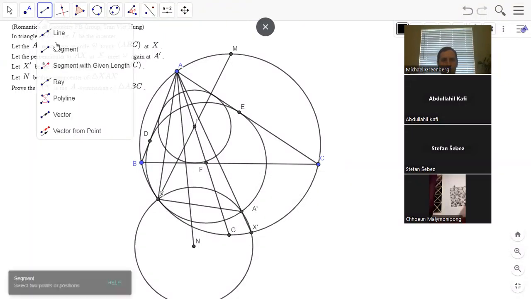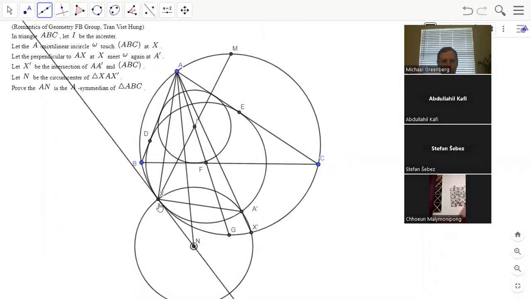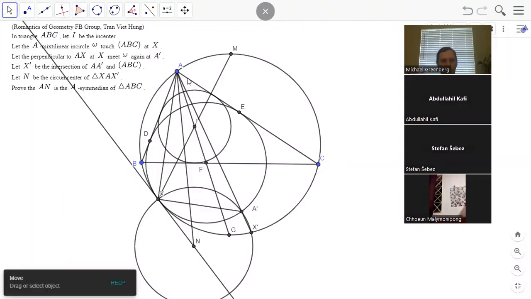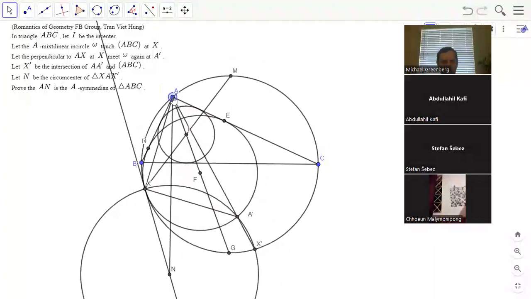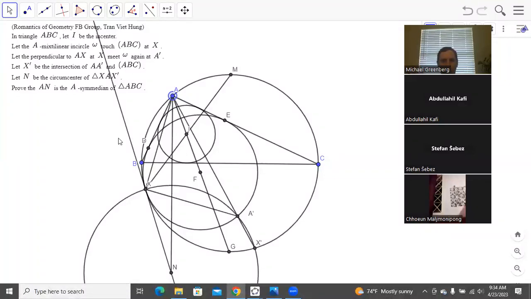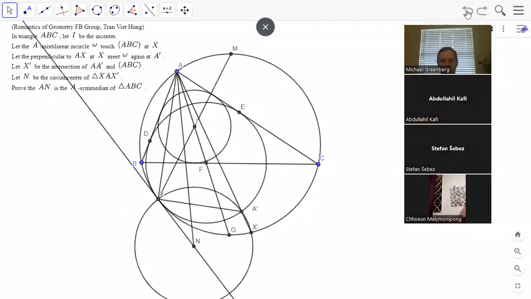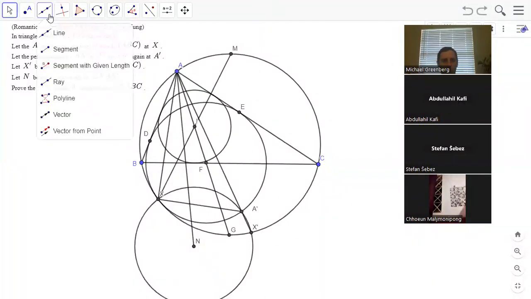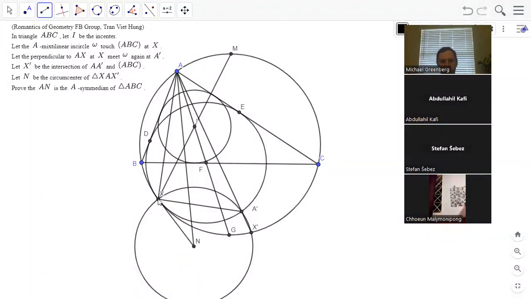What's special about point N? Is NX tangent to both circles? It looks like it. I'm not sure if that's easy to prove, but it appears, is that just an angle chase that NX is tangent?